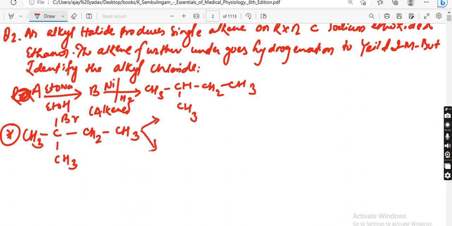Here it is said single alkene, so bromine was not here.